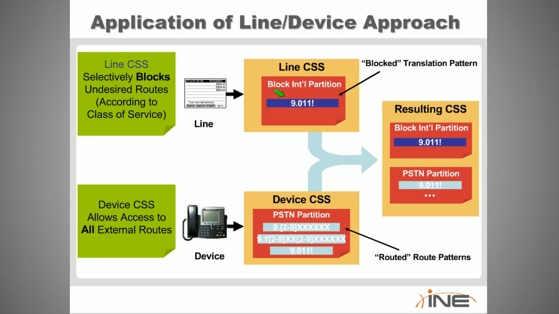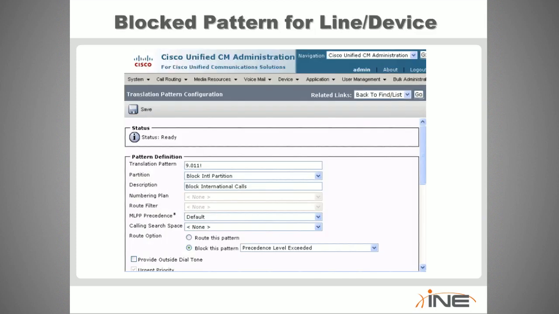So for everyone within a country, or again the US, North American numbering plan, and Canada, anyone within that numbering plan can use these 4 blocking partitions and CSSs, and then I only have to create 1 calling search space per site. Okay?